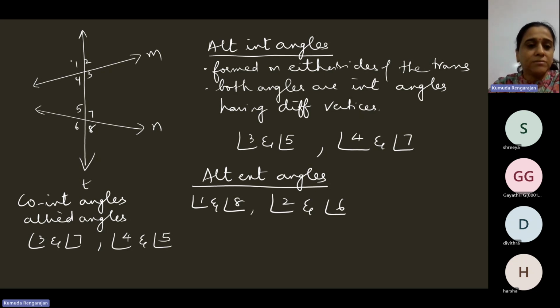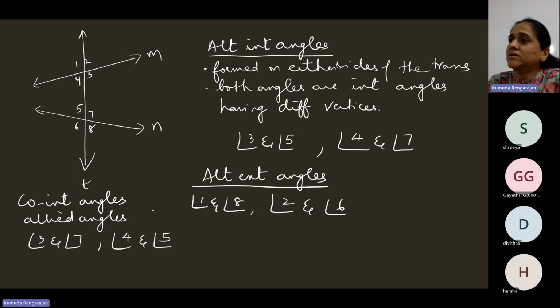When are all these angles formed? When a transversal intersects two lines, whether the lines are parallel or not parallel, all these angles are formed.